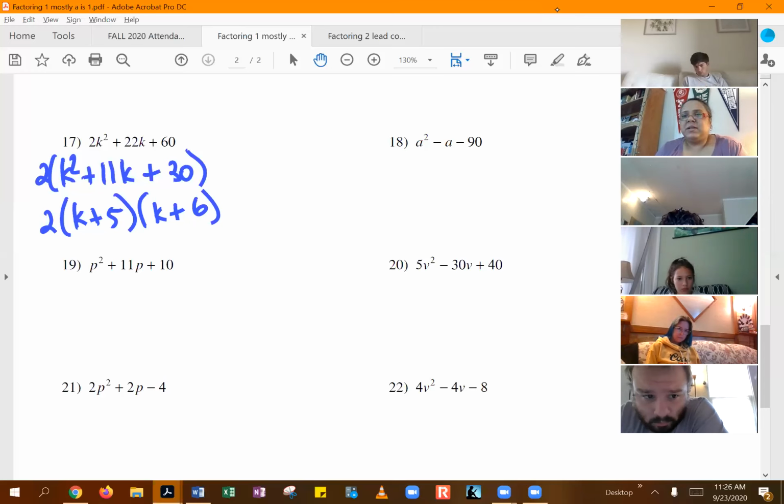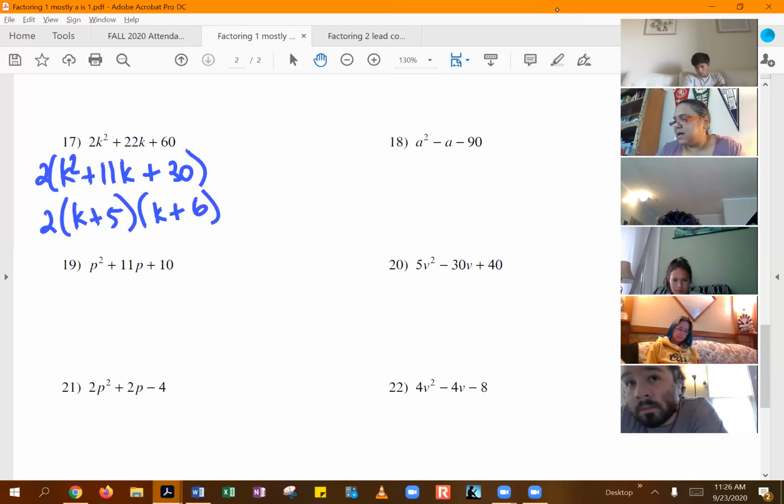Yeah, I just kept the 2 in with the k plus 5. So if you take 2 outside from the 2k plus 10, you would end up with k plus 5 inside the parentheses, and you still had the k plus 6.